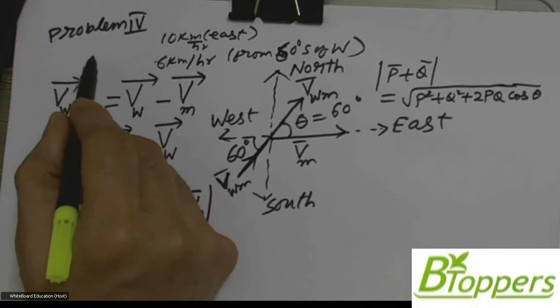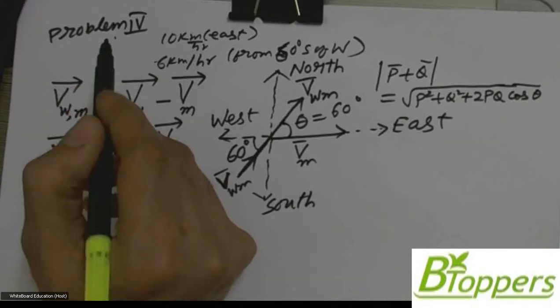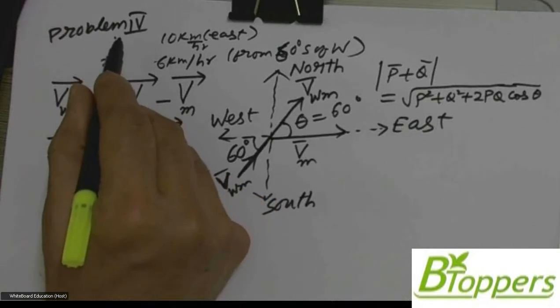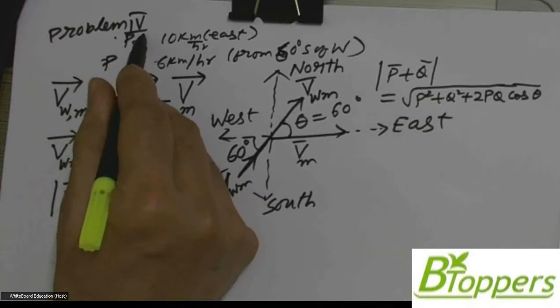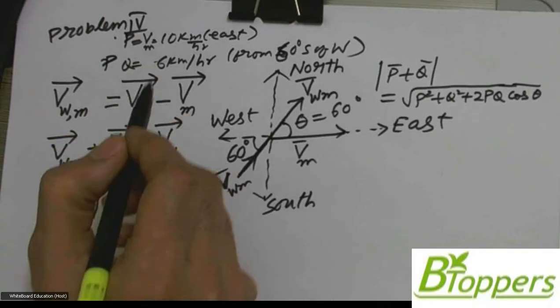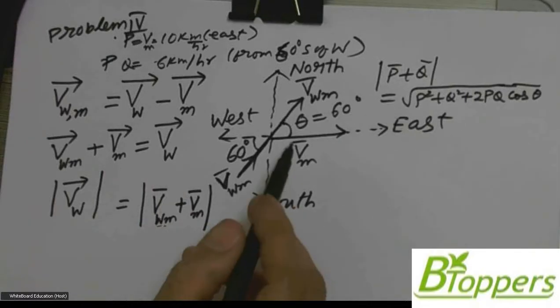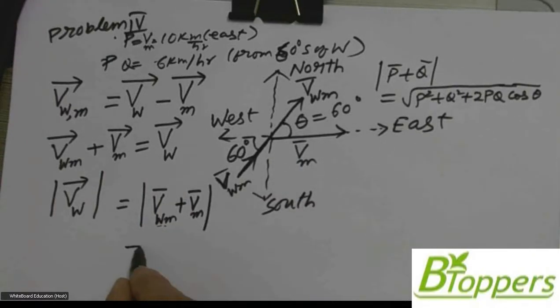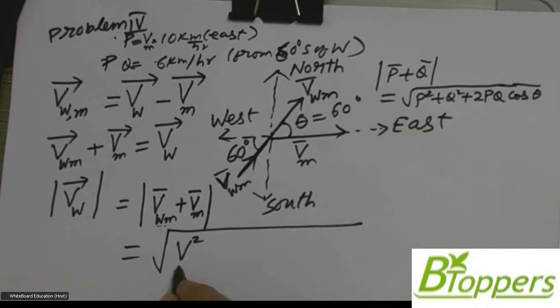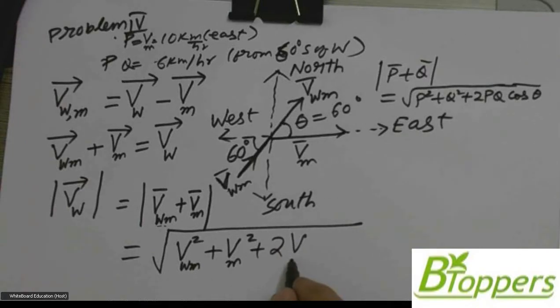That means here P can be taken equal to the velocity of the man, 10 km per hour, and Q equal to 6 km per hour. The angle theta between the two vectors is 60 degrees. So you get the square of the magnitude of the relative velocity of the wind with respect to the man, plus the square of the magnitude of the velocity of the man, plus 2PQ cos theta.